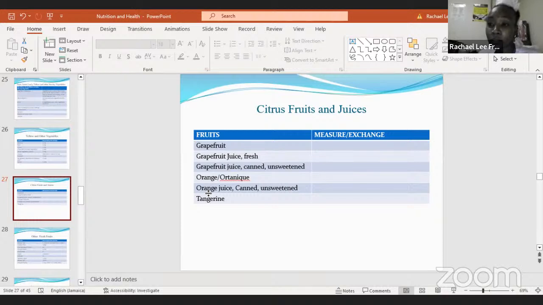For the grapefruit, I can tell you that grapefruit is contraindicated with a lot of medication that persons take. Sometimes persons who have hypertension, the pharmacist will label it, do not take this item if you're drinking grapefruit. It's very important, right? Because it works against the efficacy of the drug.